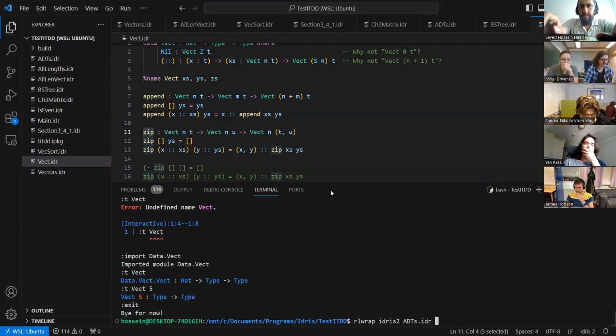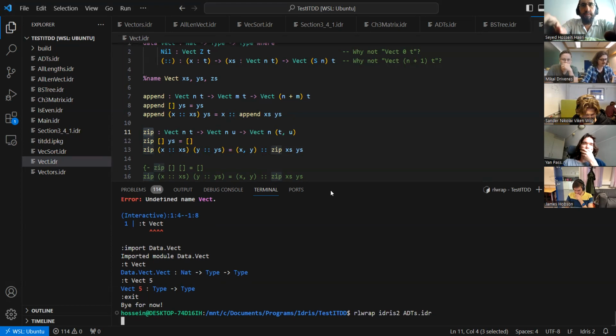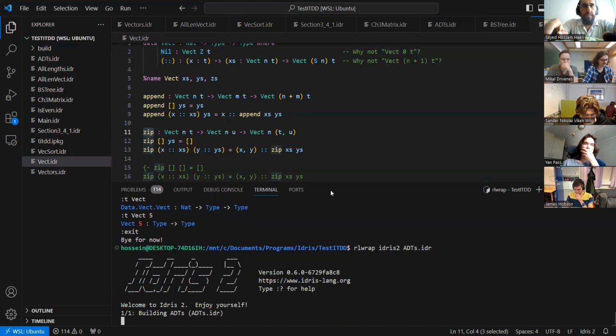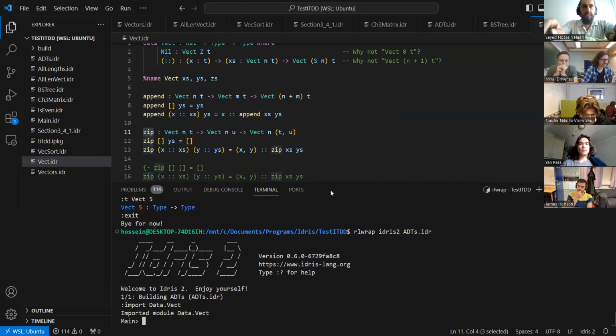So let's say that we're here, and let's say that we import Data.Vect.